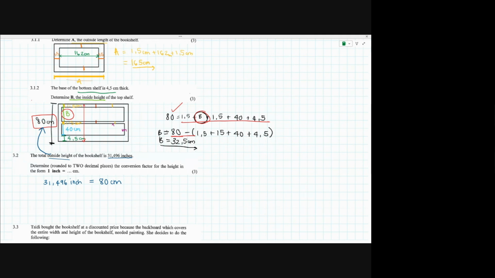They both represent the outside height of your bookshelf. And because they represent the same value, we can put them equal to each other.